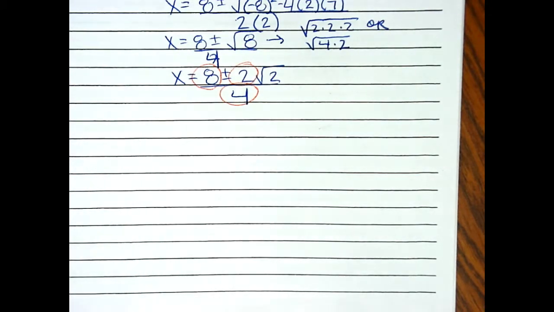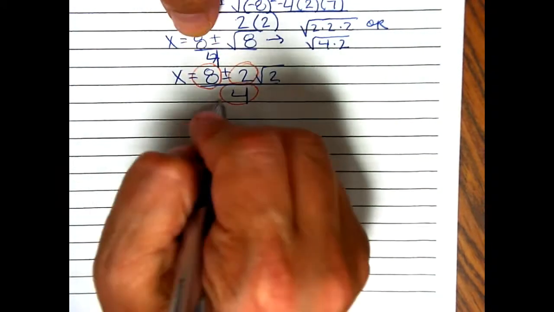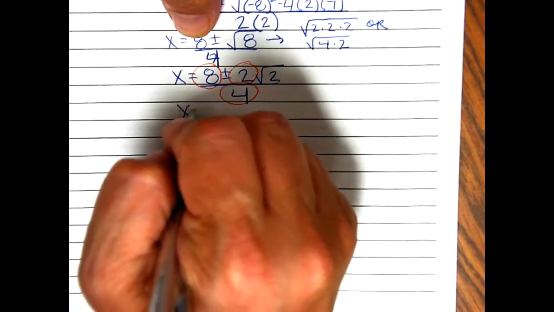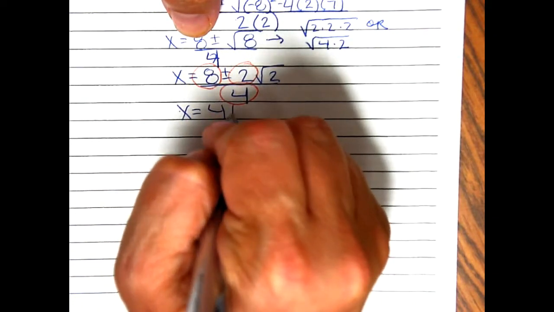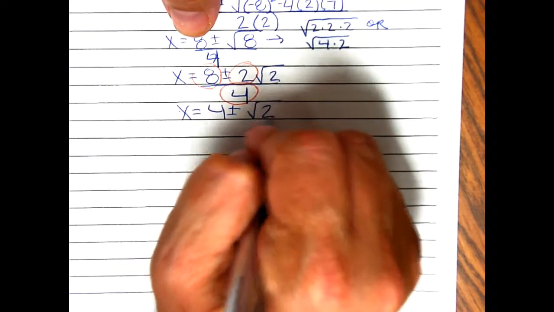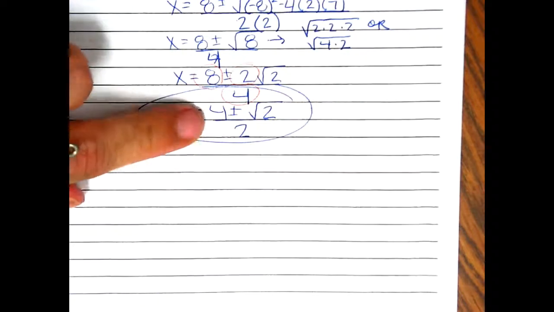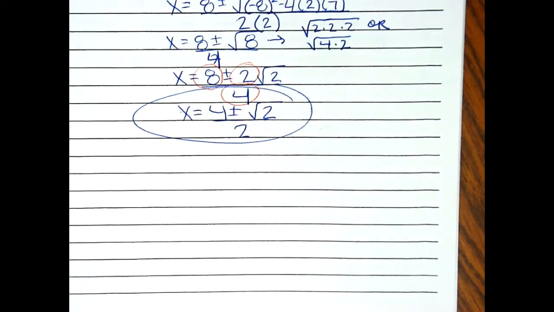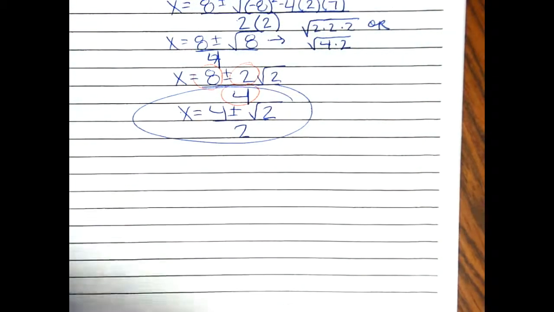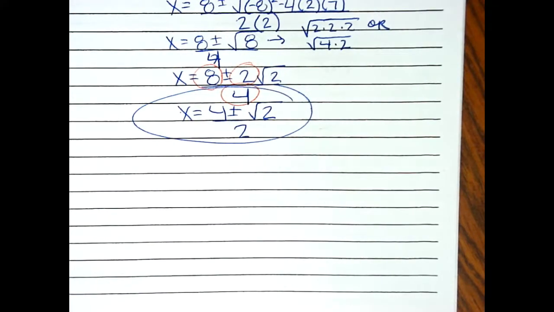That is a case where you need to simplify. So I'm going to divide all those by 2. So x equals 4 plus or minus radical 2 all over 2. Remember that inside the radical, that 2 is not actually a 2. It's the square root of 2. So you cannot simplify underneath the radical sign.